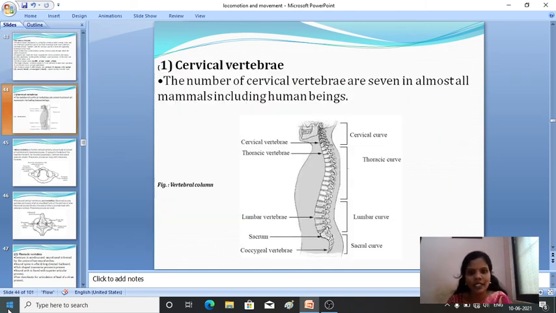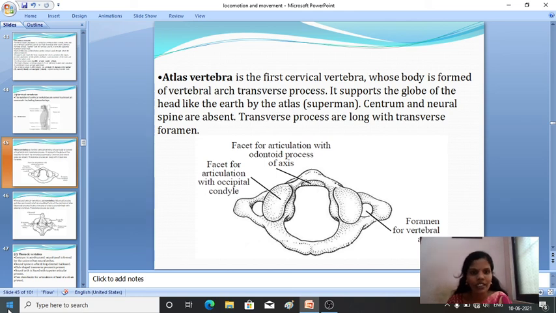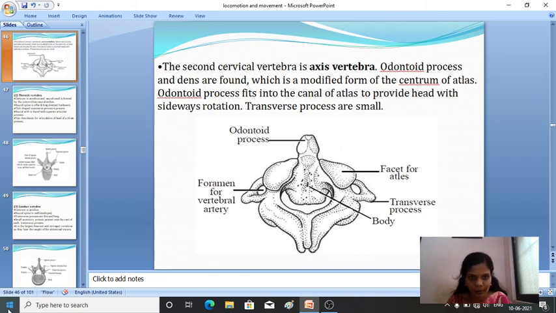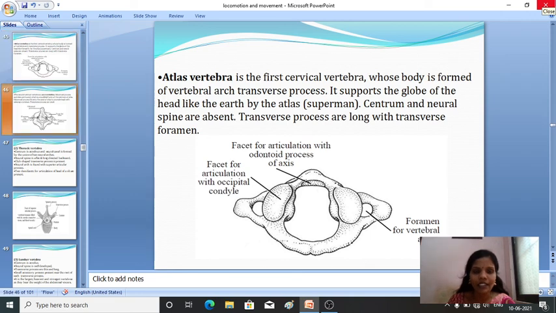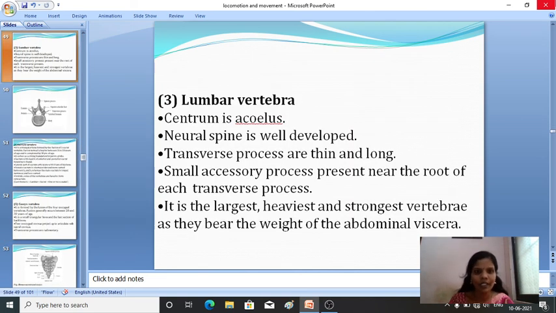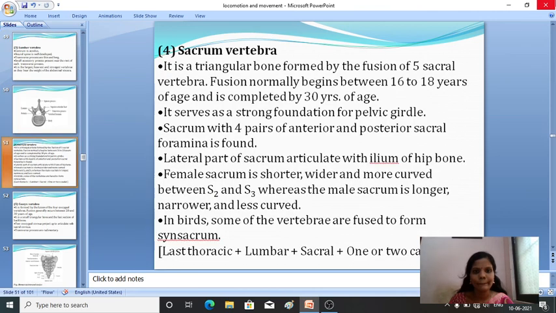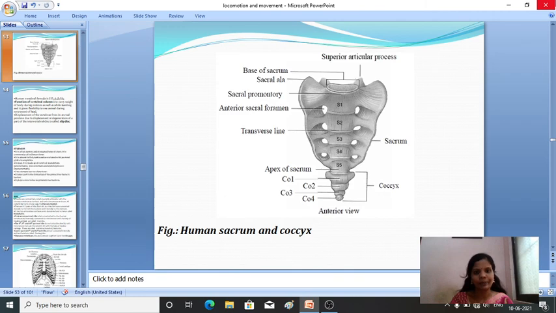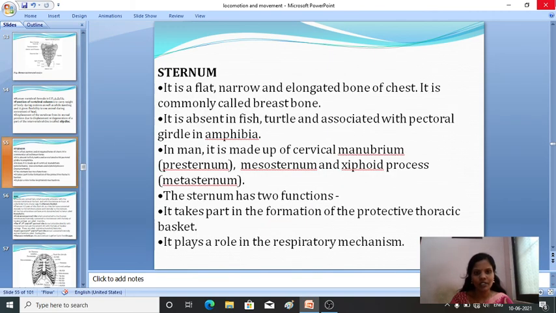In cervical, the first one is the atlas vertebra and the second one is the axis vertebra. Then thoracic vertebrae, lumbar vertebrae, sacral vertebrae, coccygeal vertebrae. Fine. Then functions. So next comes the sternum.